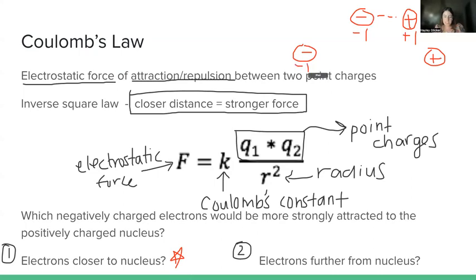Even though we have the same point charges, we can call Q1 -1 and Q2 +1, there's no sort of attractive force anymore when they're further apart. So the closer these point charges are to each other, the stronger their interactions are.